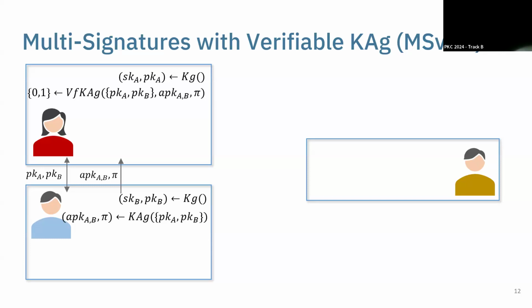And for that, we define a new predicate in the syntax called verify key aggregation. And if this predicate outputs 1, then Alice is sure that Alice's contribution is necessary for the proposed group public key.